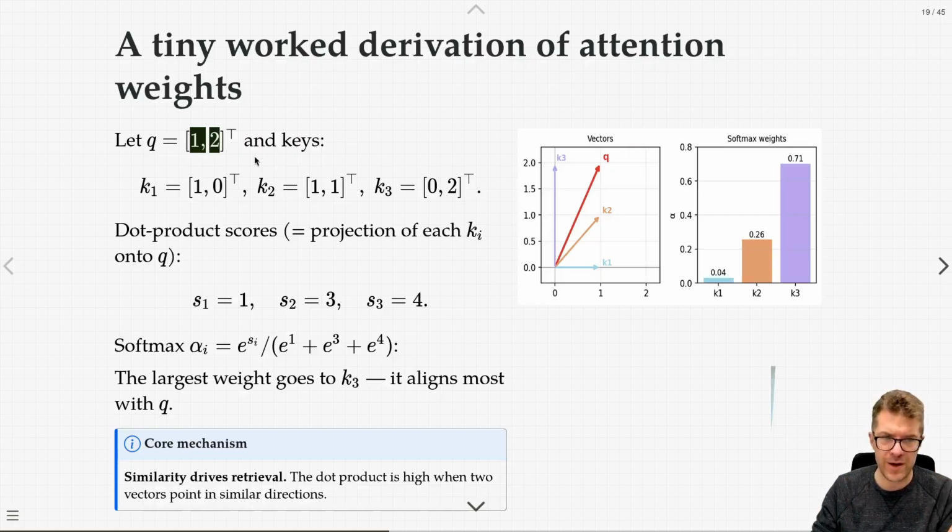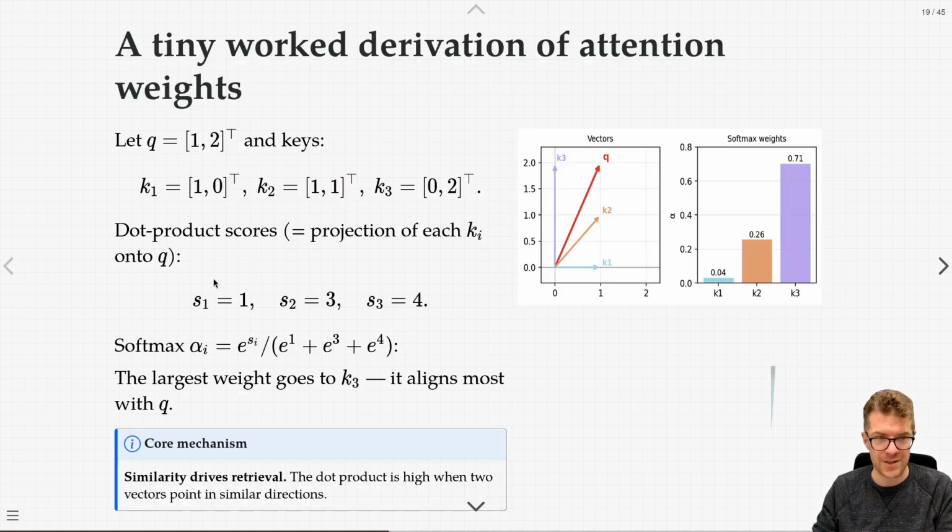It's only a two-dimensional thing just for simplicity. Then I have three inputs, 1, 2, and 3, and I have keys: (1, 0), (1, 1), (0, 2). I can do a dot product of these. The dot product is literally the first element of one times the first element of the other, plus the second element of one times the second element of the other.